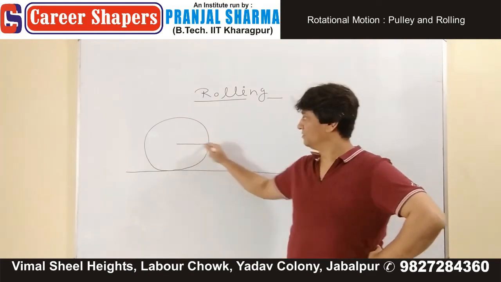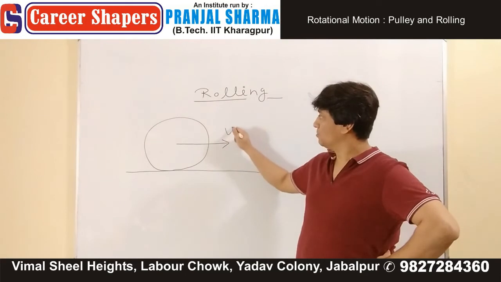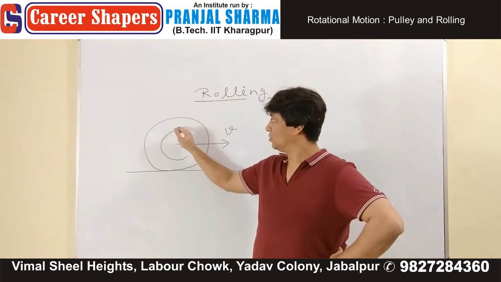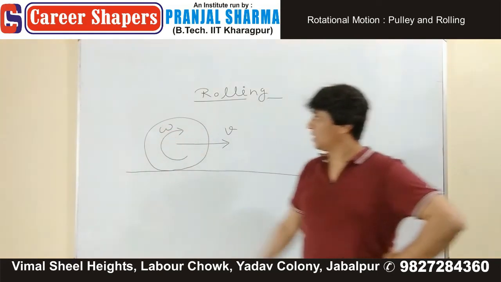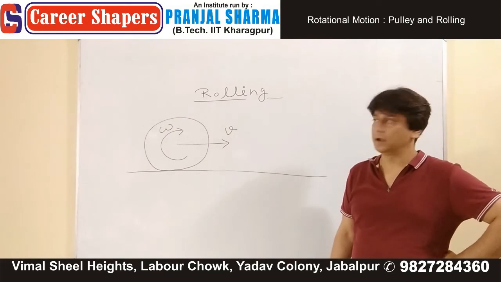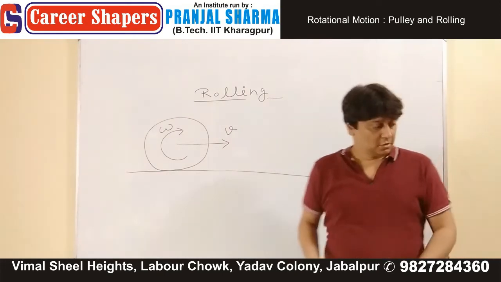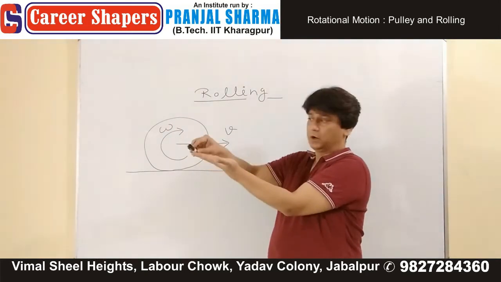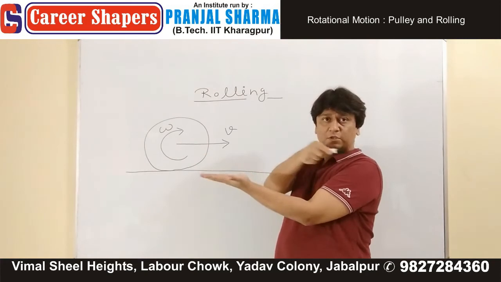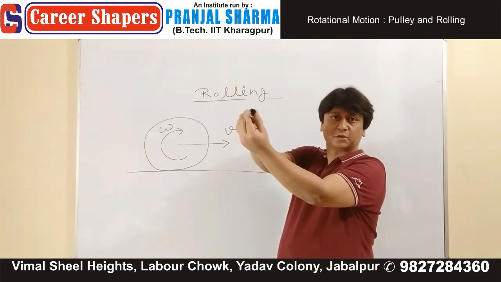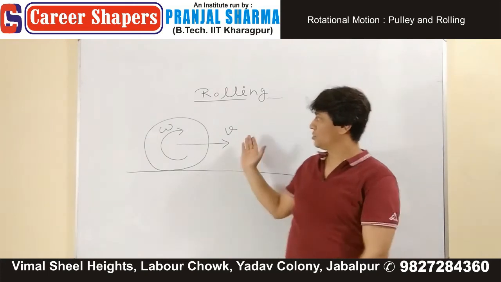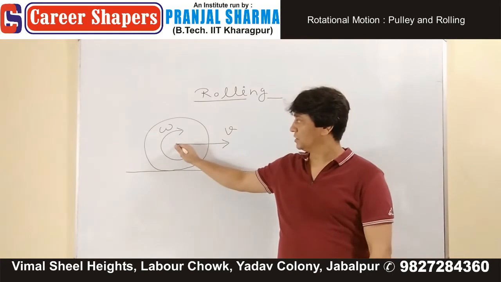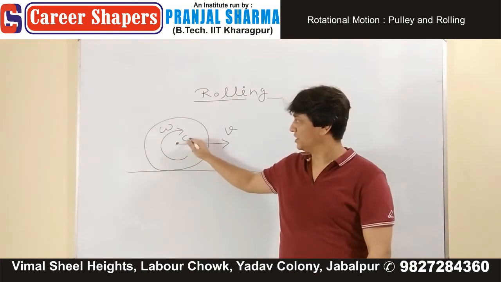You have the body moving forward, at the same time rotating with angular velocity omega. So it is coming in this direction, at the same time it is rotating. So you have V present, you have omega present. This will be your center of mass.